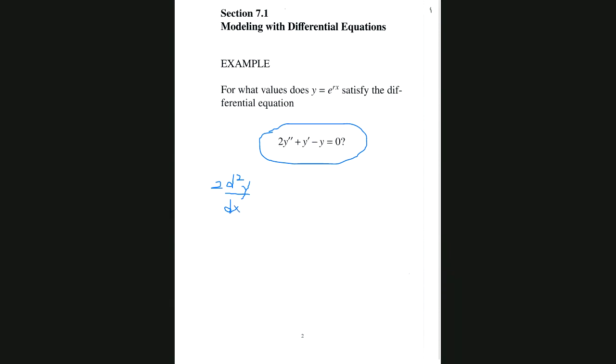The independent variable is going to be x, plus dy over dx. I don't know why that came up there. I'm not going to worry about that. Minus y equals 0.